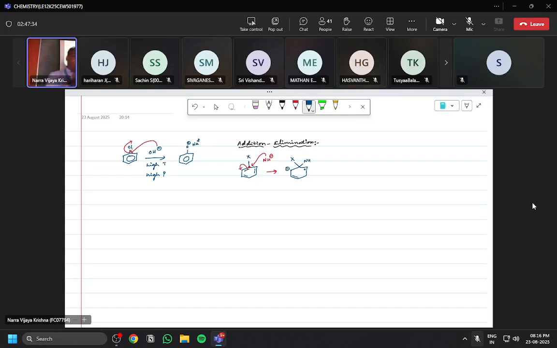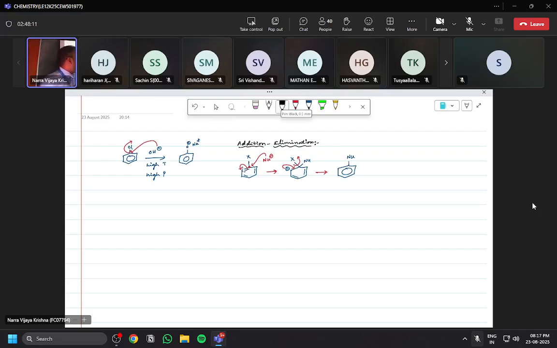Now it undergoes resonance, but finally it will be this only. Now when this comes back, X leaves. Now what is the product? Instead of X, you got the nucleophile. So the nucleophile is substituted in the place of X in the benzene ring. That's why it is called nucleophilic aromatic substitution. First the nucleophile got added, then X got eliminated. That's why it is called the addition elimination mechanism.